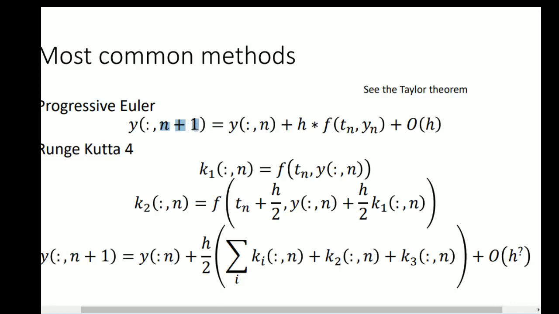The new value that we will iterate is based off the previous one plus h times f of tn and yn, plus O of h. O of h means the big O of Landau. You have to see the Taylor theorem to get this.